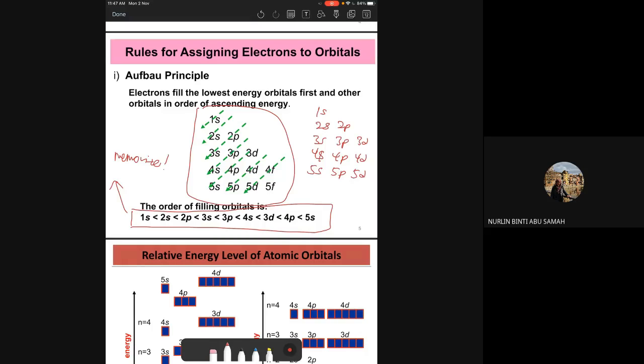Okay, so mulakan dengan 1s. Lepas tu 2s, lepas tu 2p, 3s, lepas tu 3p, 4s, lepas tu 3d, 4p, 5s, lepas tu 4d, 5p, dan 5d. Itu konsep dia.